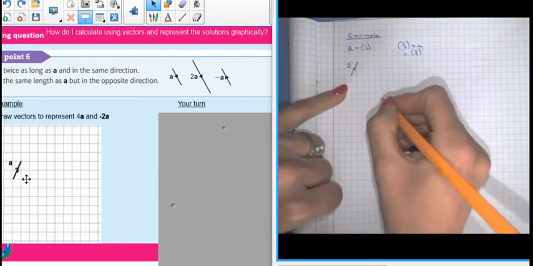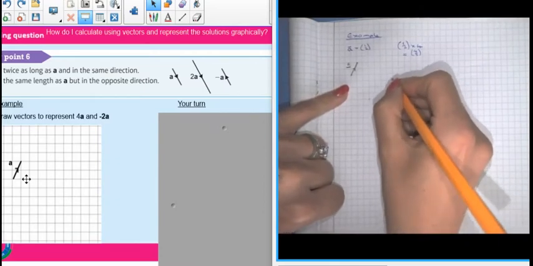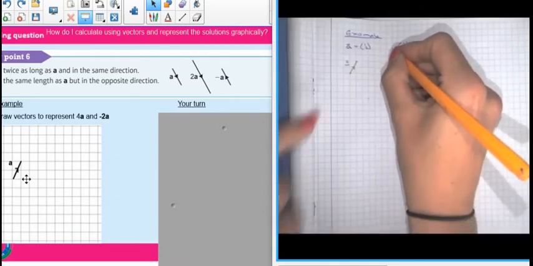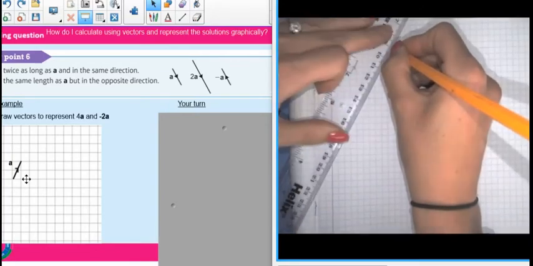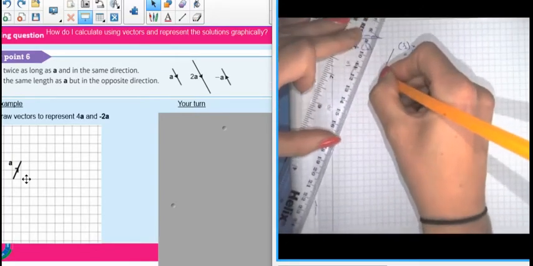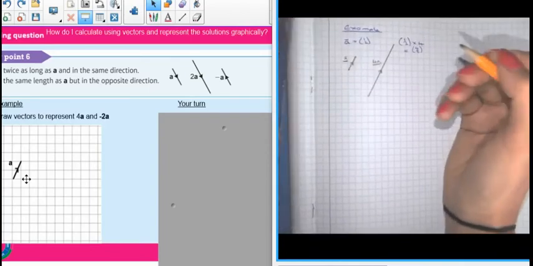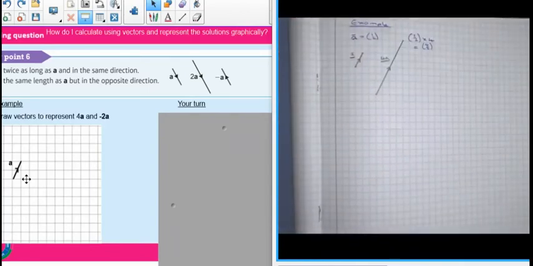Start here. 1, 2, 3, 4. 1, 2, 3, 4, 5, 6, 7, 8. There's my vector 4A.